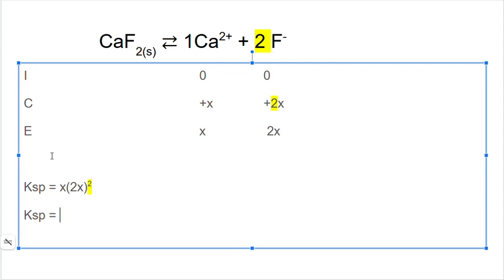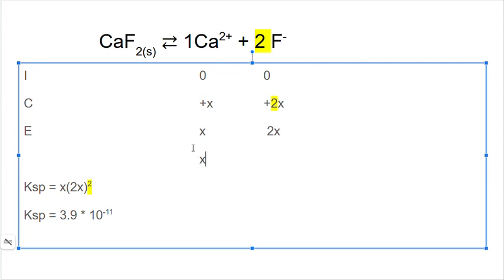So Ksp is equal to 3.9 times 10 to the negative 11th. And I can now set these equal to each other.